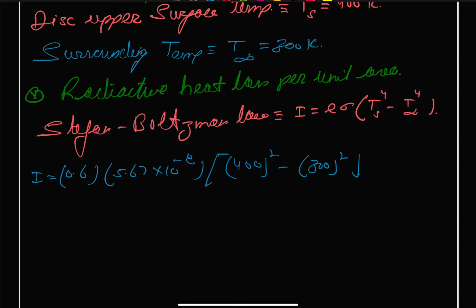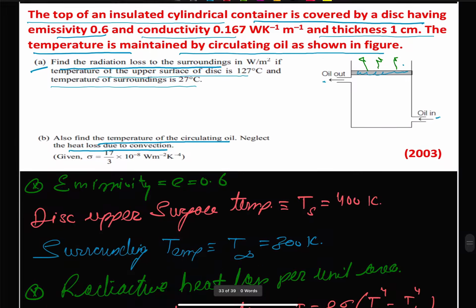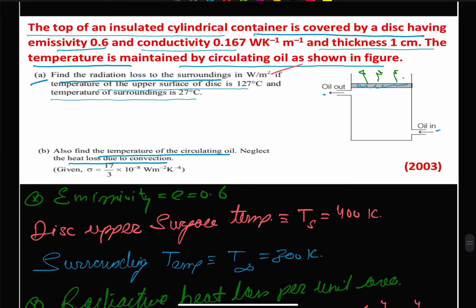So we get I approximately equal to 595 watts per meter square. And this was our radiation loss.